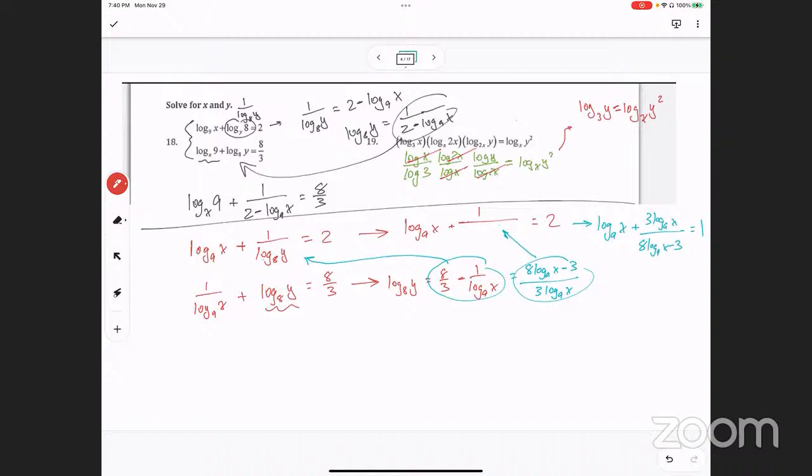So yeah, let's go back to change of base. What are you thinking? Change of base again? See if that's going to help us. Log equals 2 times log y over log x. Should be good.